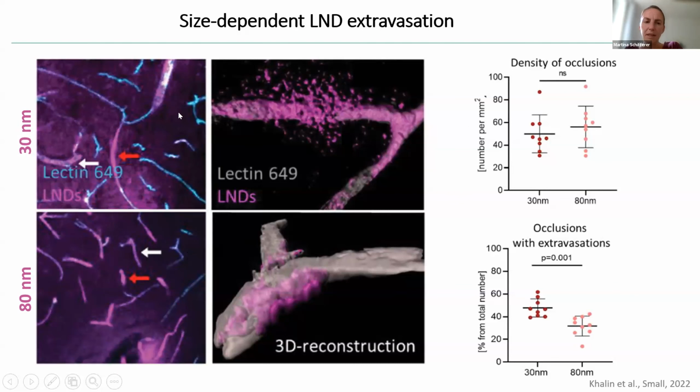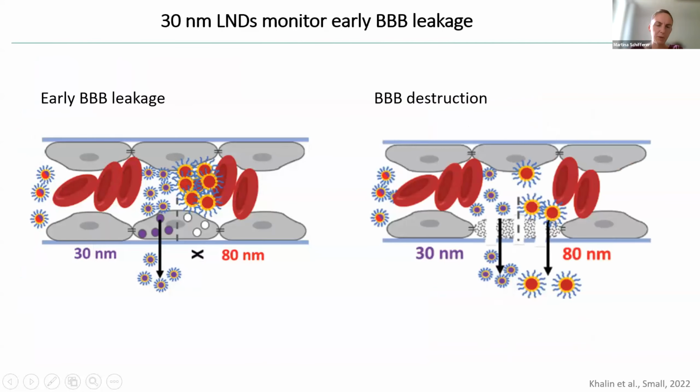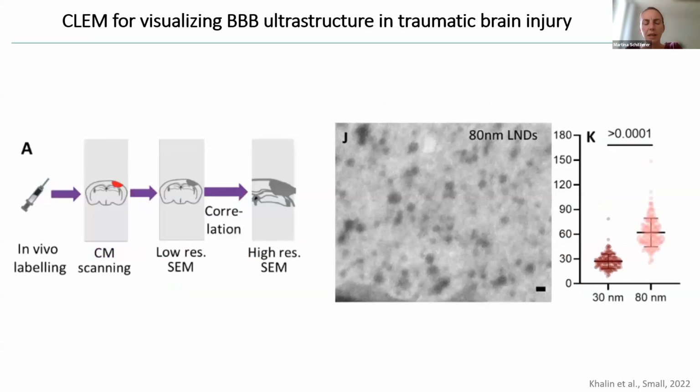So that means at the end, we came to this model that the 30 nanometer lipid nanodroplets monitor early events of blood-brain barrier leakage, while for the 80 nanometer droplets to really pass the barrier, the vessel has to be more heavily destroyed compared to the 30 nanometer ones. So we went on with these 30 nanometer particles as early markers of blood-brain barrier leakage.